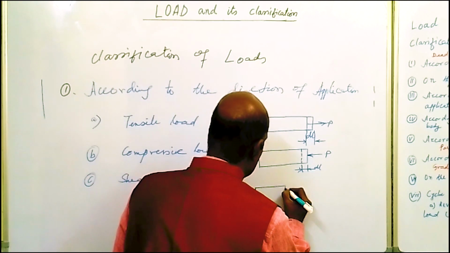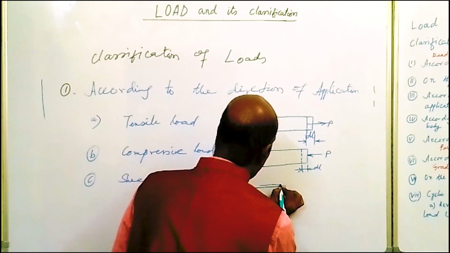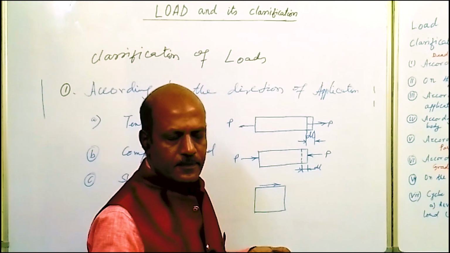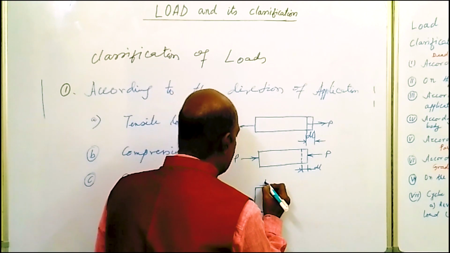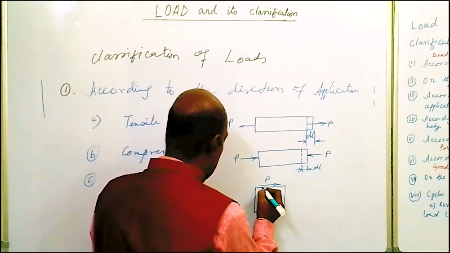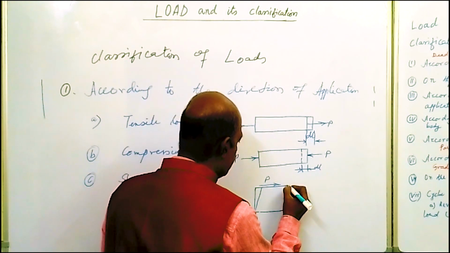And the third kind of load is called tangential load. Say this is the body. If the load is acting over the body on a surface tangentially, so load P is acting tangentially on a surface, this load will change the shape of the body.